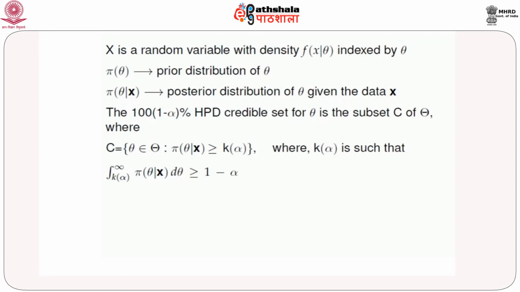Then the 100(1 minus alpha)% highest posterior density credible set for theta is that subset C of the parametric space script theta, where C is the set of theta belonging to script theta such that pi theta given x is greater than or equal to some quantity k alpha, say, where k alpha is such that it satisfies the following condition.